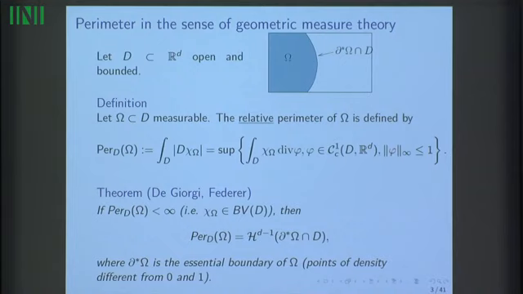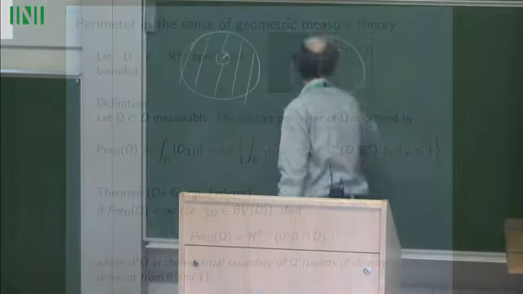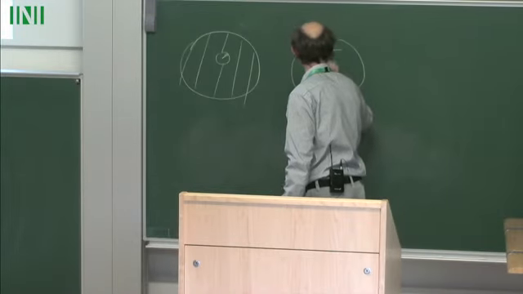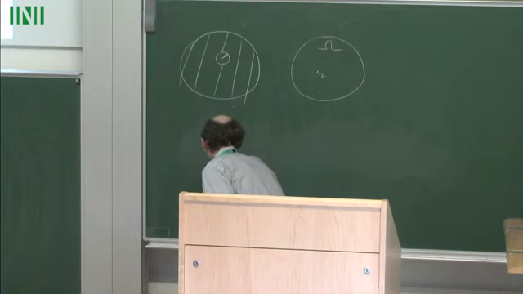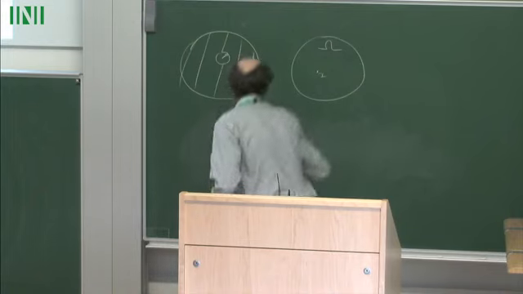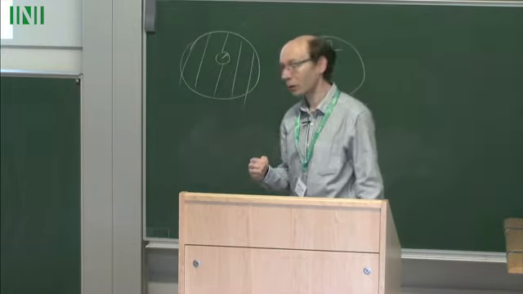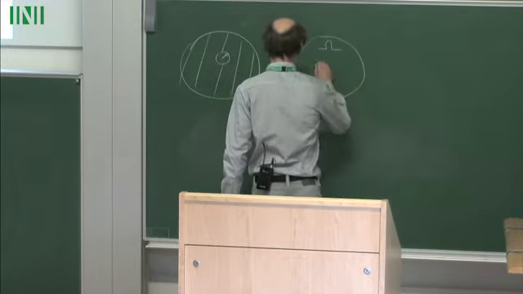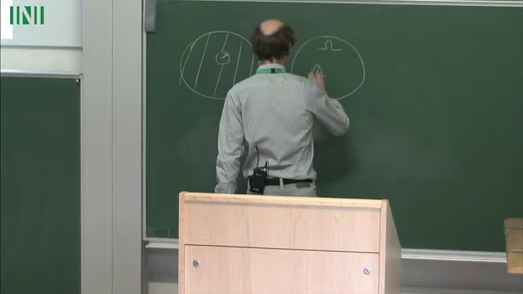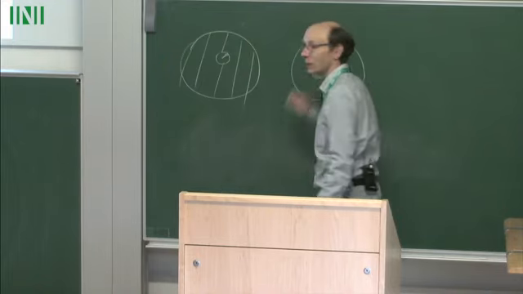It is related to the notion of density. In a few words, you have a domain omega, and you take a point x. To know the density of the point x, you take a small infinitesimal ball around x, and you calculate the proportion of the ball which is contained in omega.